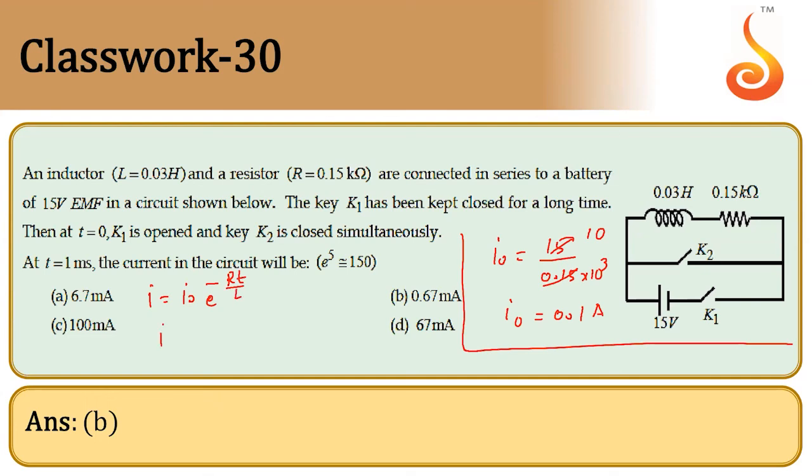So I is equal to 0.1 into e to the power of minus R by L times t.